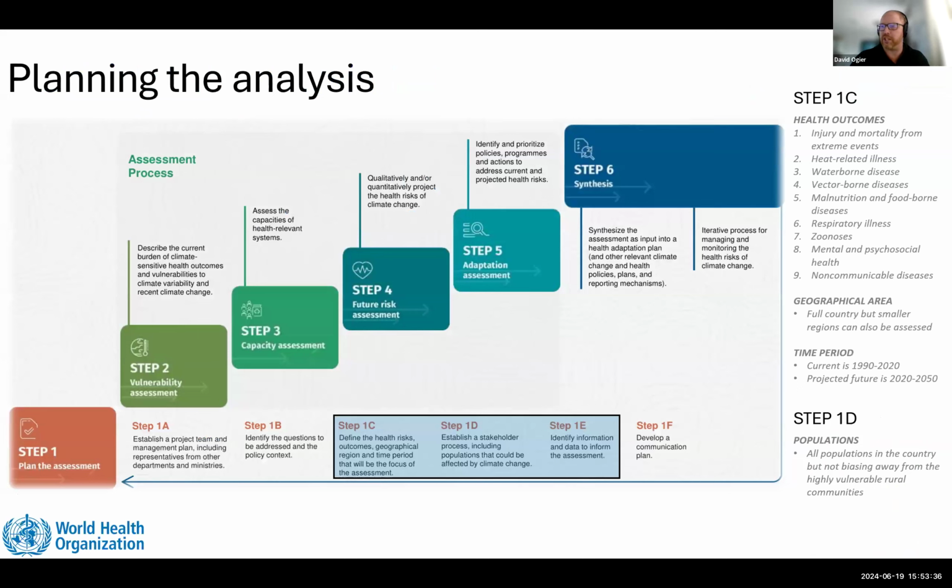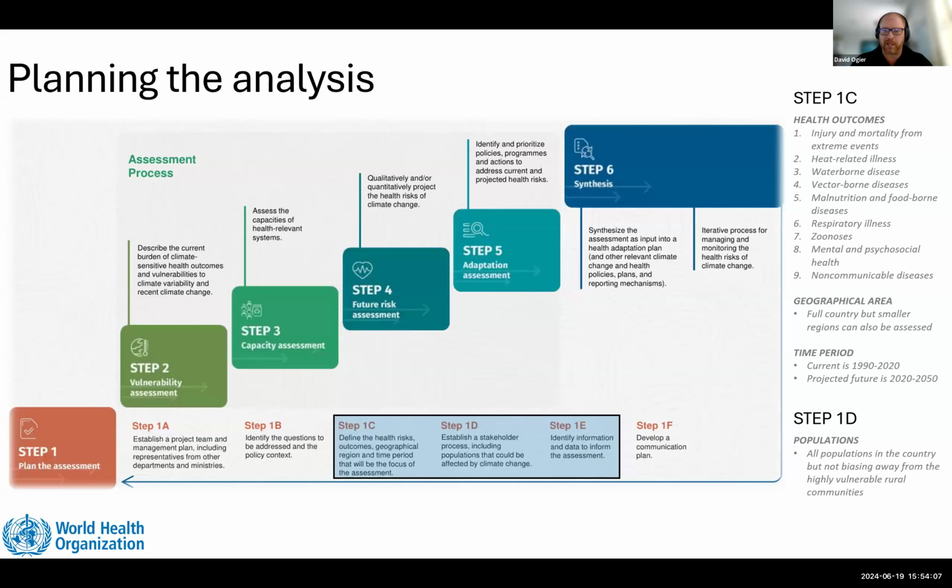As was shared in the earlier presentation today, when you are doing any sort of analysis, planning your work is probably the most essential part, and it's doubly true when it comes to GIS. For the most part, the GIS steps that require the most planning are steps 1C, D, and E. Step 1C, there are 9 major health outcomes, or health risks, to consider. You need to decide, are you looking at all of them?